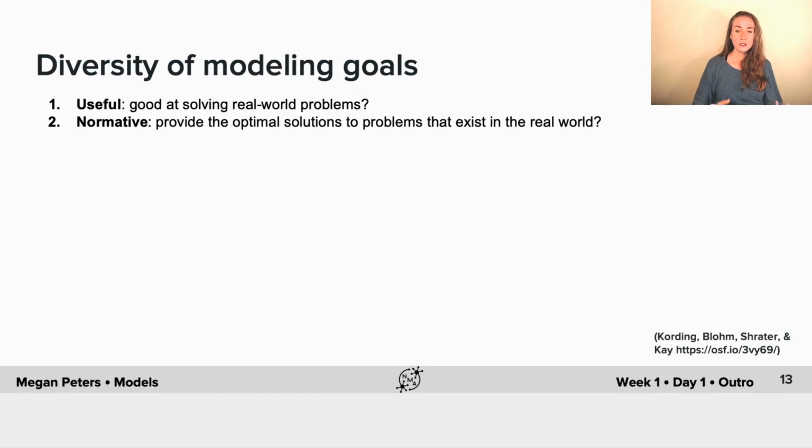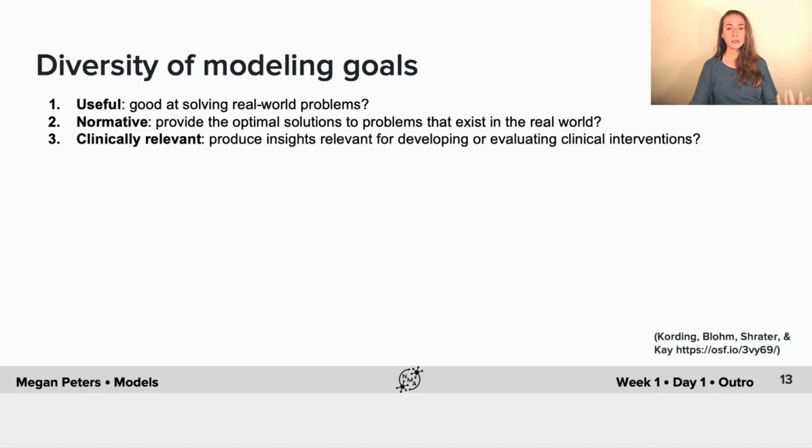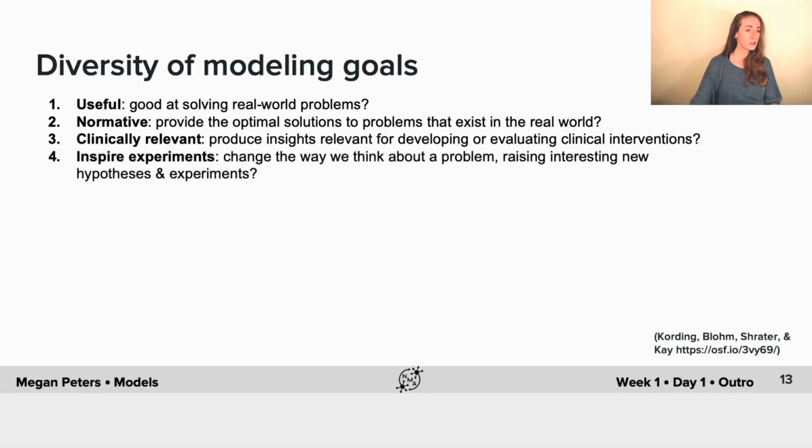So they're used maybe in domains where behavior or neural properties are expected to be optimal or near optimal. You also might want your model to be clinically relevant, to produce insight that's relevant for developing or evaluating a clinical intervention of some kind. You also might want your model to inspire experiments, to change the way we think about a problem and raise interesting new hypotheses.